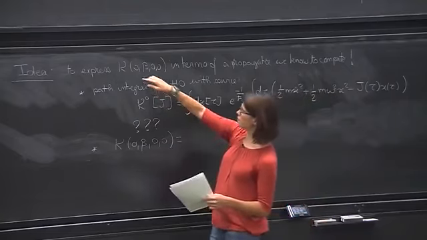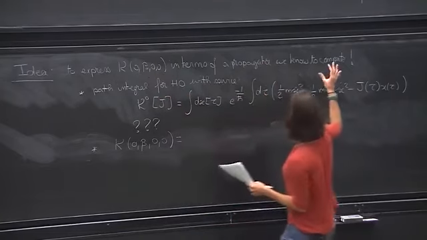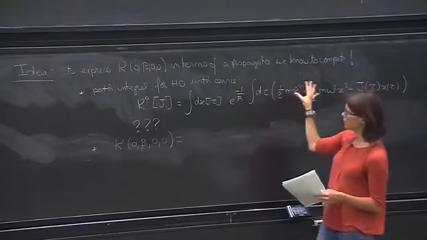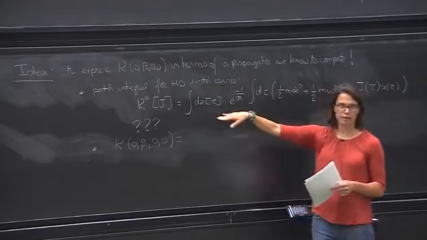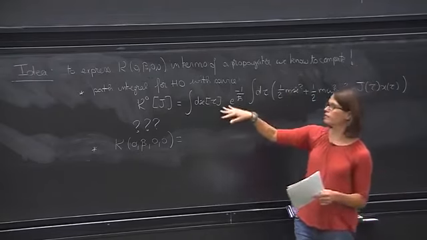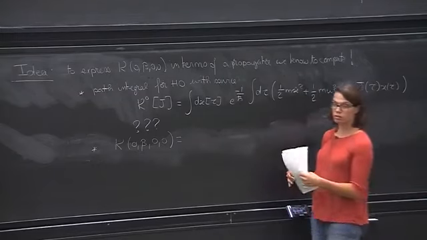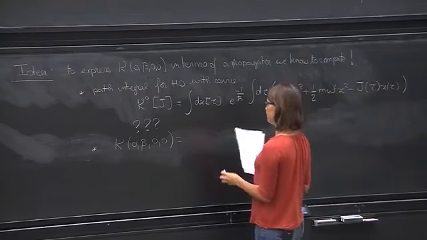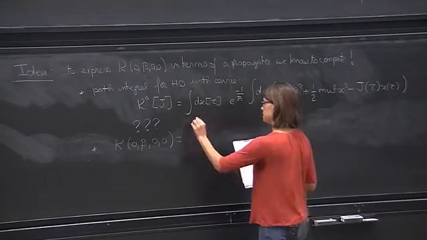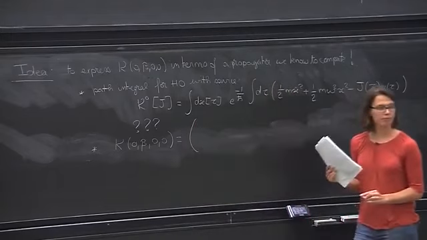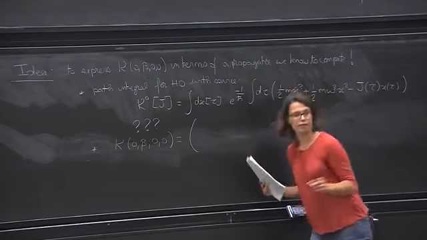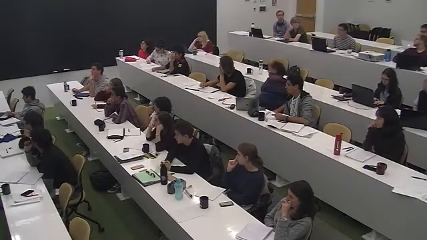As I said, the idea is to express this one in terms of one we know how to compute. I'm telling you that we're going to use this one, and that you can compute it exactly the same way we computed the harmonic oscillator one. So do you know how you get here? Functional differentiation with respect to J. Yeah, and then putting J to 0.